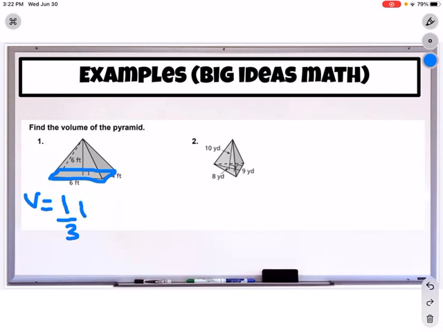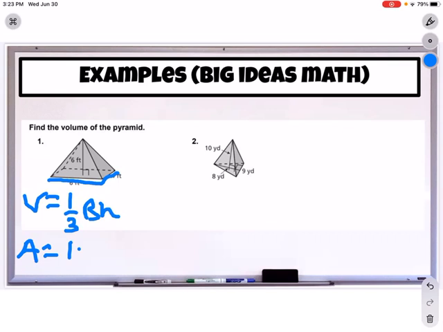Volume equals 1/3 times base times height. So for this, we have the length and the width. For finding the area of your base shape, you need to do area equals length times width, or whatever appropriate formula there is.